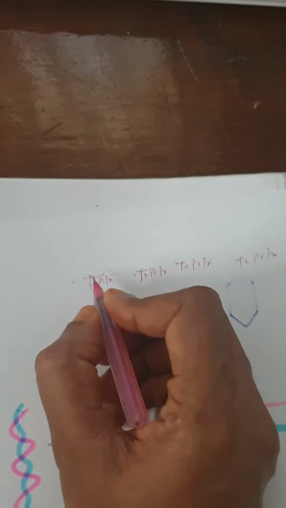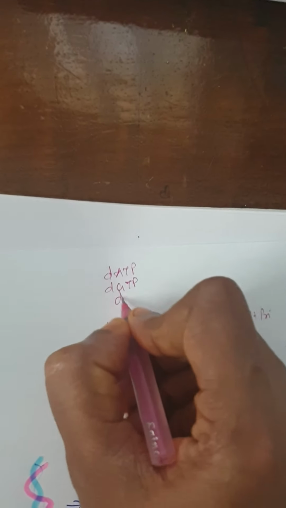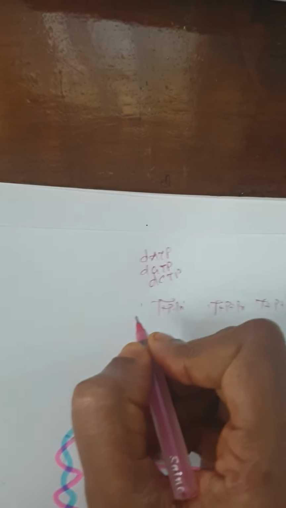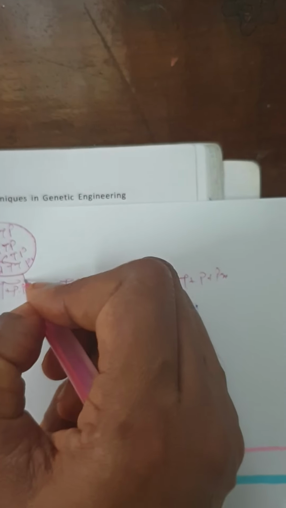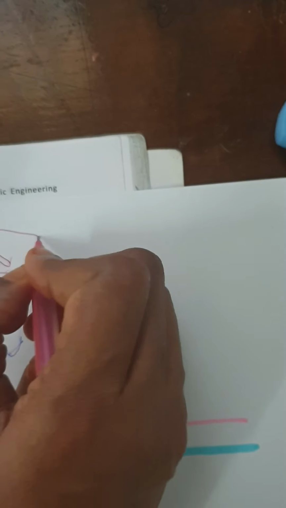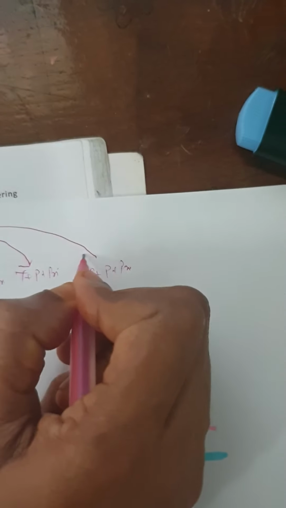What are the dNTPs? dATP, dGTP, dCTP and dTTP. So we need to add these four here, here, here and here.